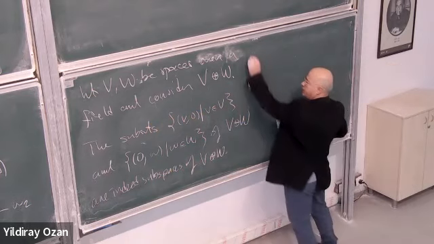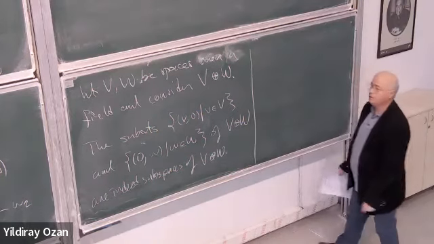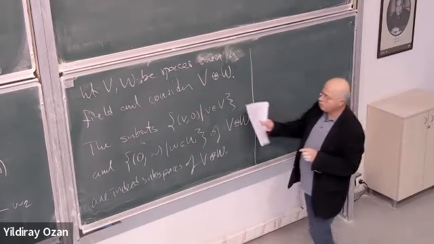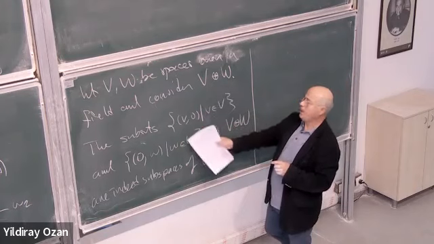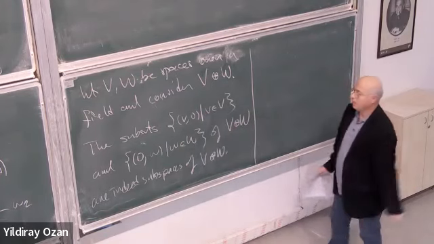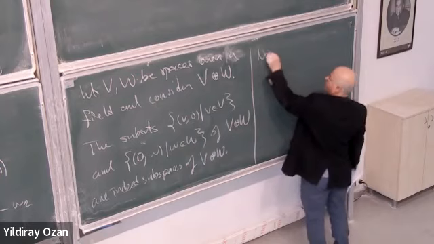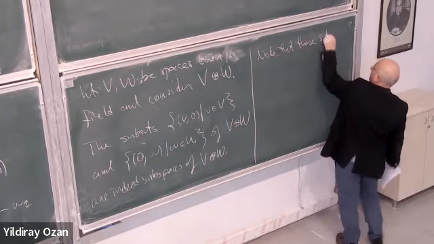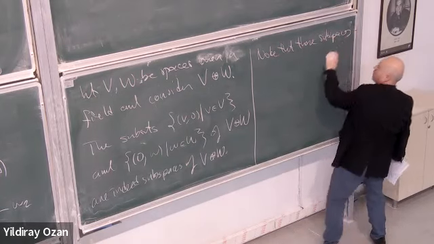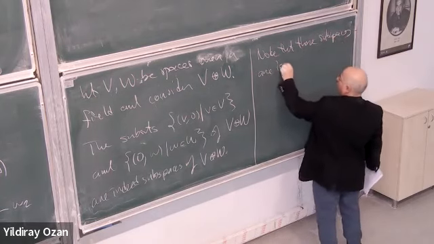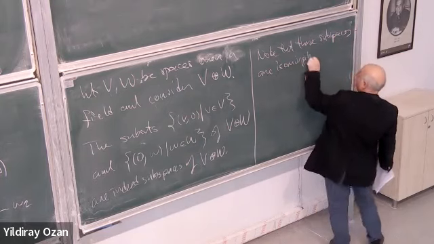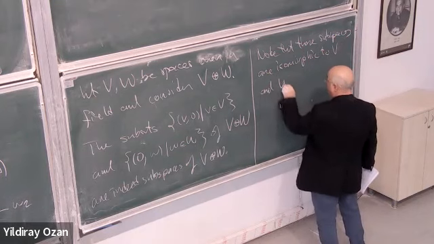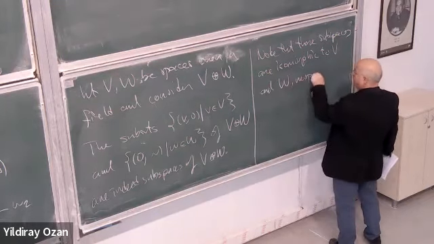And actually, these subspaces are isomorphic to V and W, right? Note that these subspaces are isomorphic to V and W respectively.